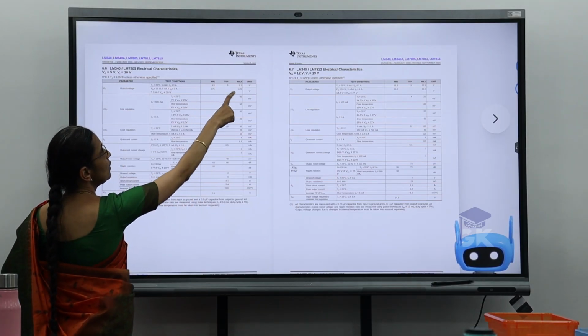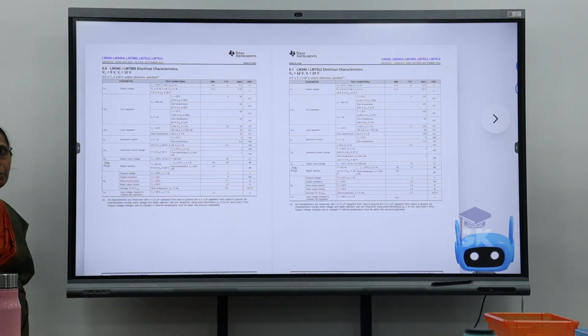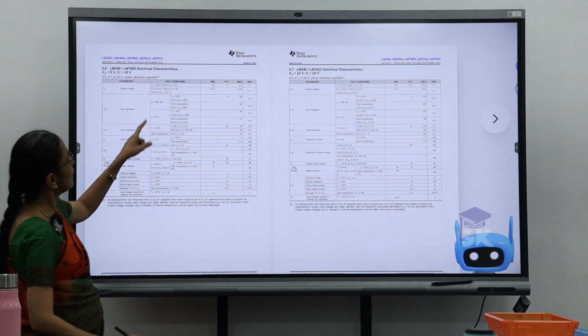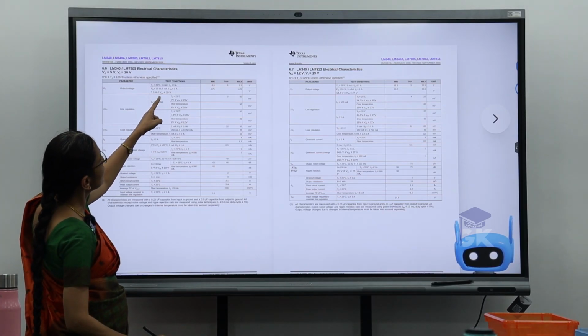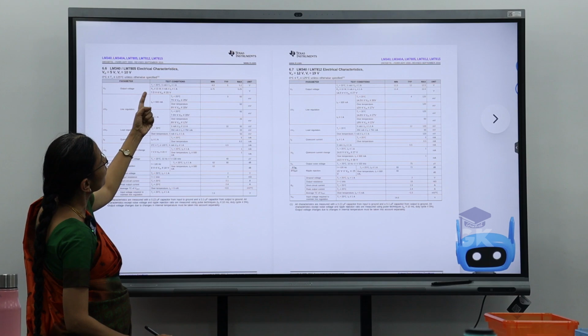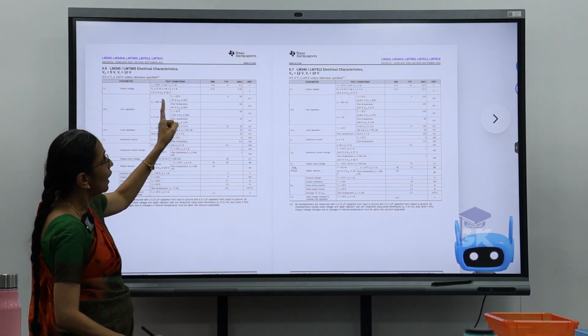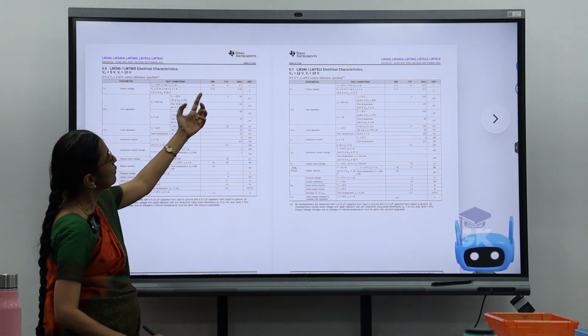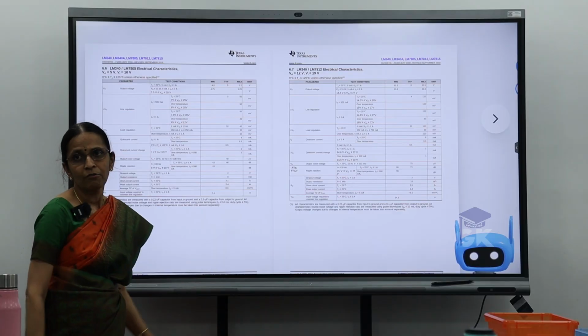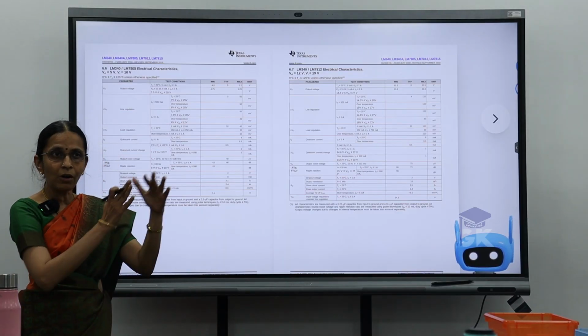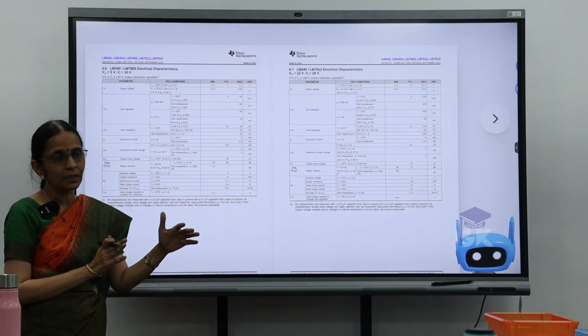Minimum it is 4.8, maximum it can go till 5.2 volt. Under this condition where Vin is lying between 7.5 and 20, I can have the output ranging from 4.75 to 5.25. So all these are listed in the data sheet itself.